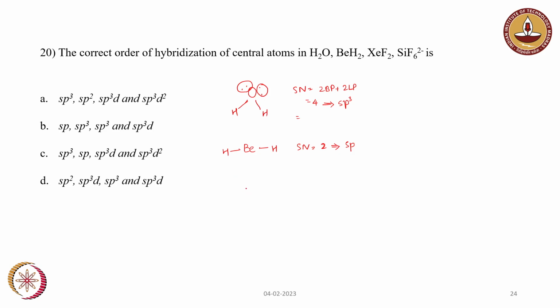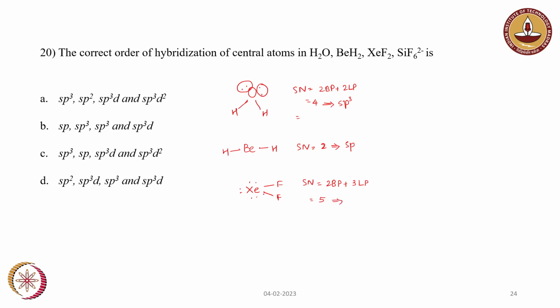Next one is XeF2. Xenon has 8 valence electrons, and it's forming bonds with 2 fluorines. So the steric number will be 2 bond pairs and 3 lone pairs, so a total of 5.